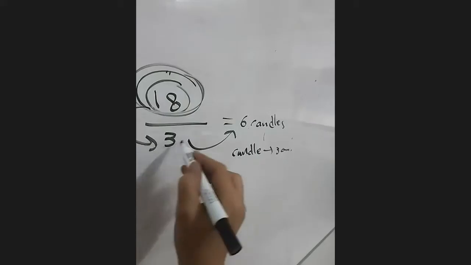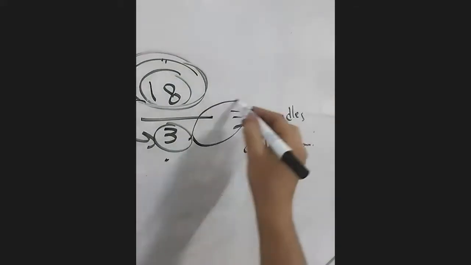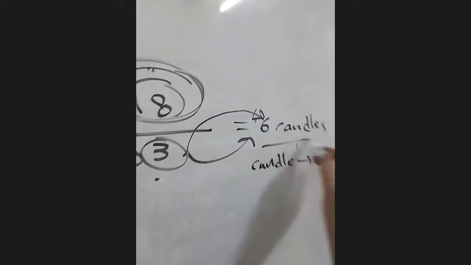Now, the amount of wax will be 18, because if you divide 18 by 3 ounces, how much will it be? 6. So to figure out the solution here, you divide the whole amount of wax by the amount each candle needs to get the number of candles, okay?